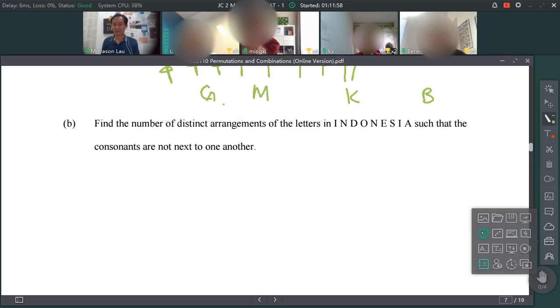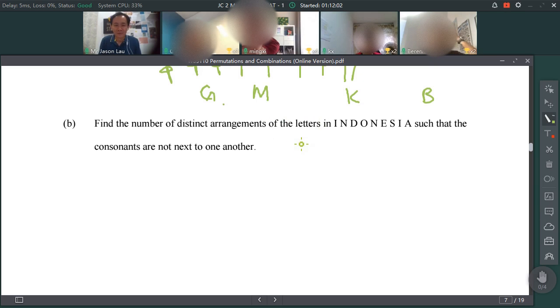1, 2, 3, 4. 4 factorial. Yeah. Consonants. Okay. Where? Consonants 1, 2, 3, 4. Yeah, there are 4 consonants. And 1, 2, 3, 4, 5 vowels.